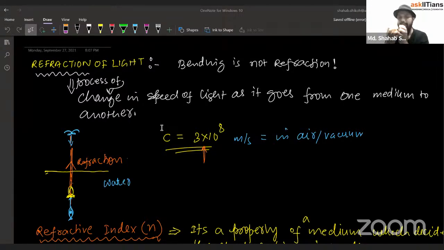So the number of rays reaching our eyes keeps fluctuating. That's how it gives the impression of fluctuation in the brightness of the star, which we call twinkling. Twinkling is basically the continuous fluctuation in the brightness of the star.